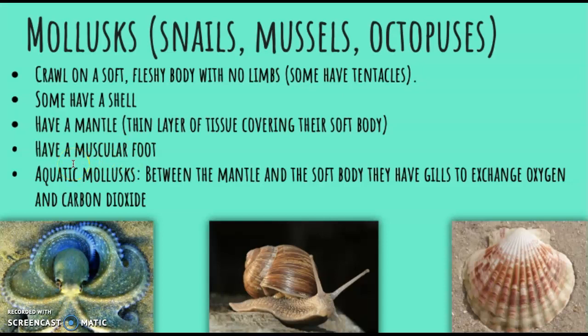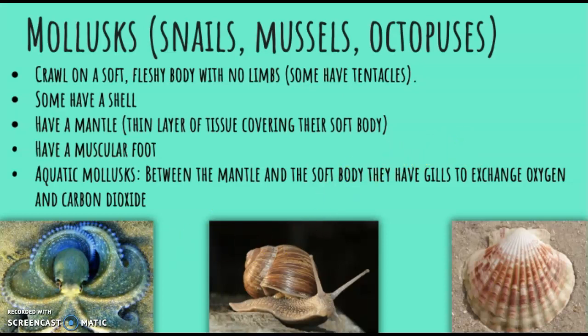Aquatic mollusks also have gills to help them breathe, so the gills are found between the mantle and the soft body. Remember, the mantle is the soft tissue covering. This helps them pull oxygen from the water and release carbon dioxide back into the water. So that would be something that we would find in the octopus.